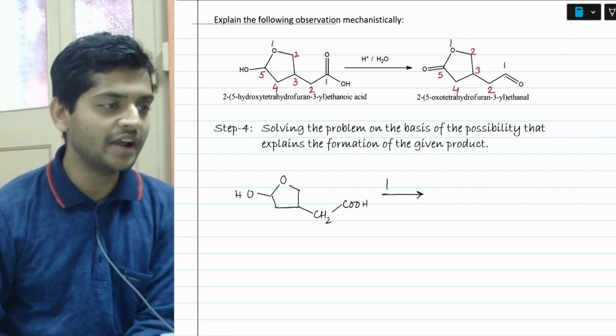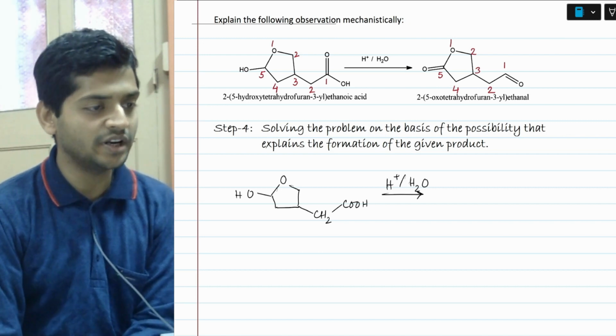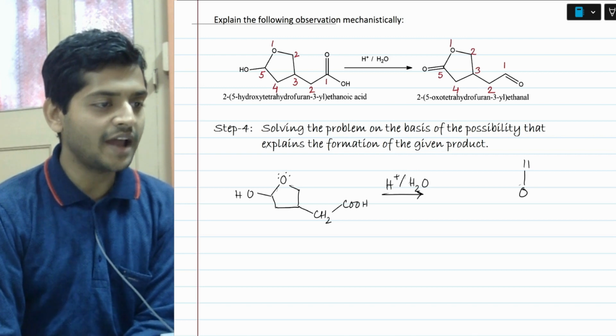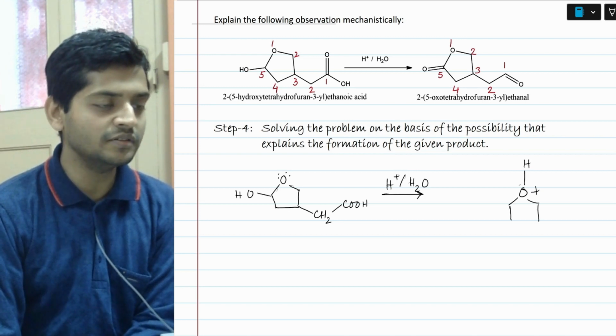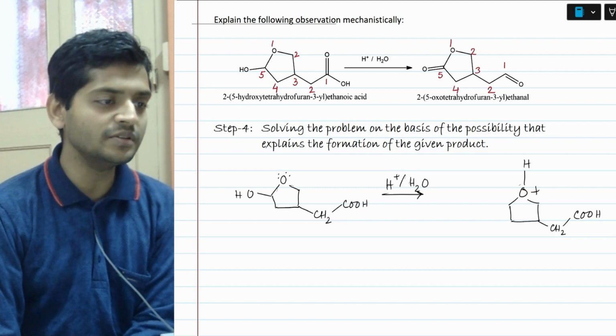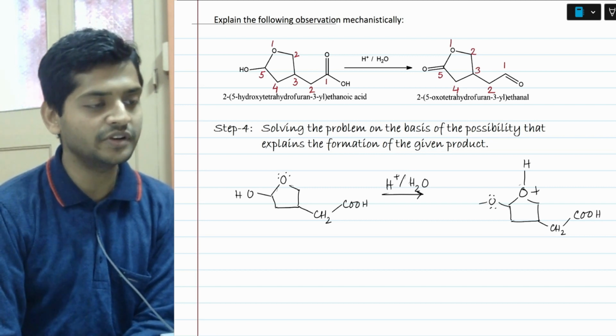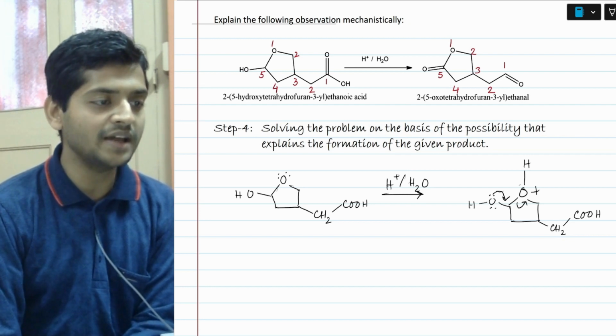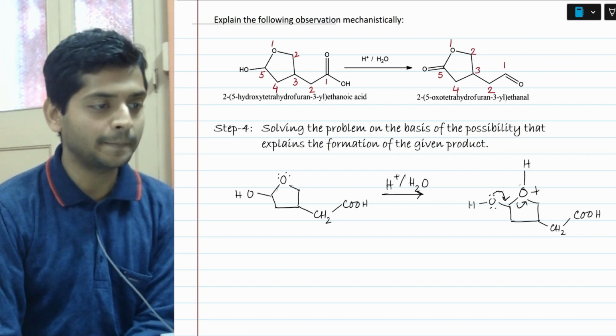Once this tetrahydrofuran ring's oxygen is protonated, the hydroxyl group on the 5th position can push its electron from the oxygen atom towards the carbon which is attached to the tetrahydrofuran ring's oxygen, which is protonated, and can stabilize this by opening the ring.